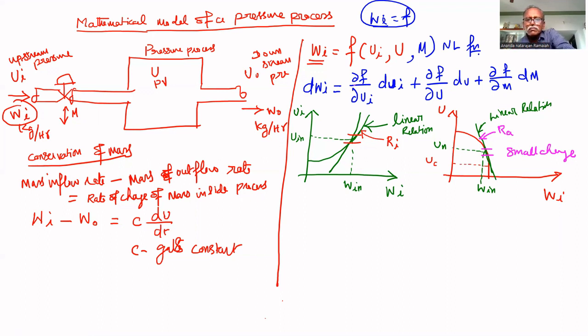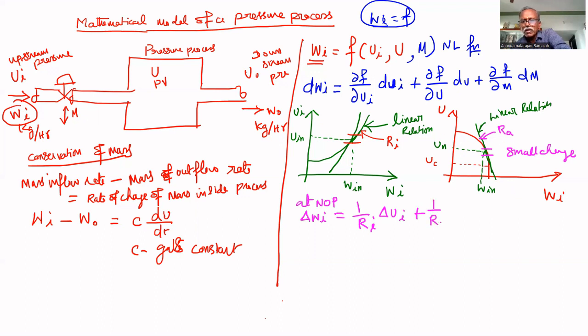Therefore, at the nominal operating point, Δwi can be written as Δwi equal to ∂f/∂ui at the nominal operating point, which is Ri. Since wi is equal to f, we can write 1/Ri Δui plus ∂u/∂f, that is ∂u/∂wi, is Ra.